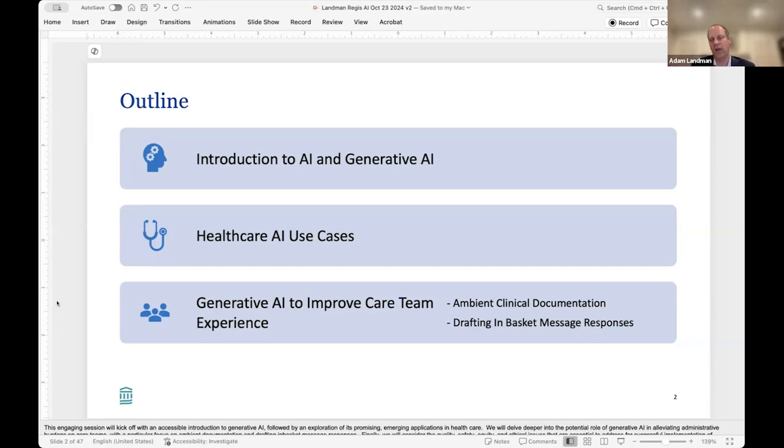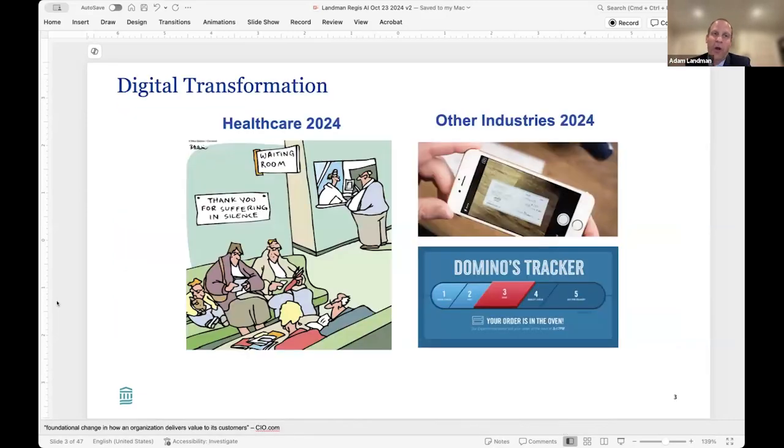Then Anna Schoenbaum and I will work together. Anna's going to share some of her results using similar use cases and her experiences at Penn. And then we're going to do a demonstration of ambient clinical documentation. So we've got a lot in store.